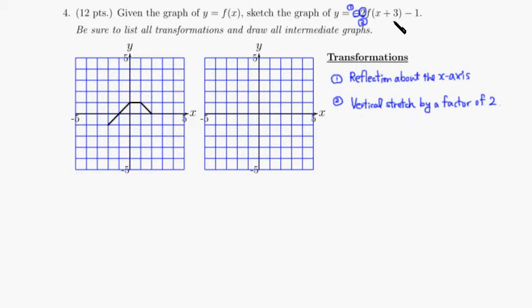Then you can do either one; I'll just do this one. Adding 3 inside the parentheses is our third transformation. Adding 3 in the parentheses is going to shift left by 3 units.